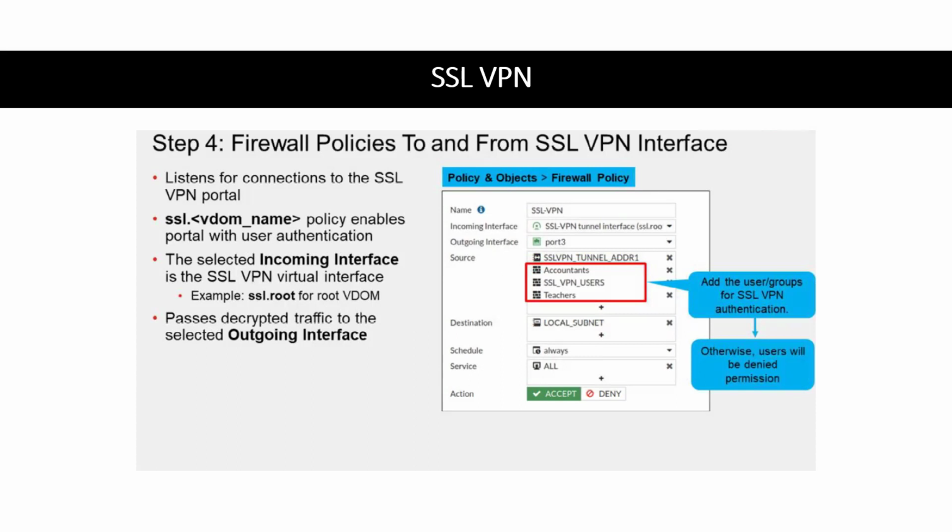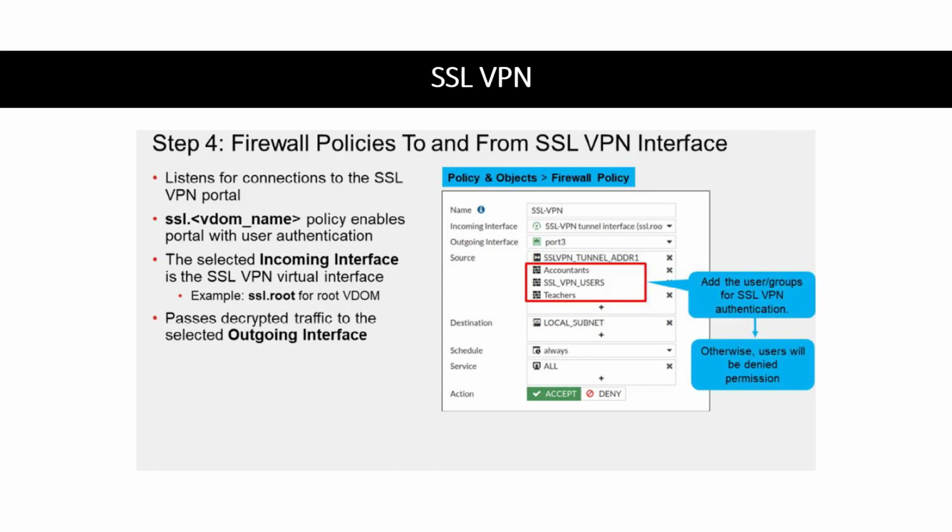And last but not least, to activate and successfully log into SSL VPN, there must be a firewall policy in place from the SSL VPN interface to the interface to which you want to allow access for the VPN users.